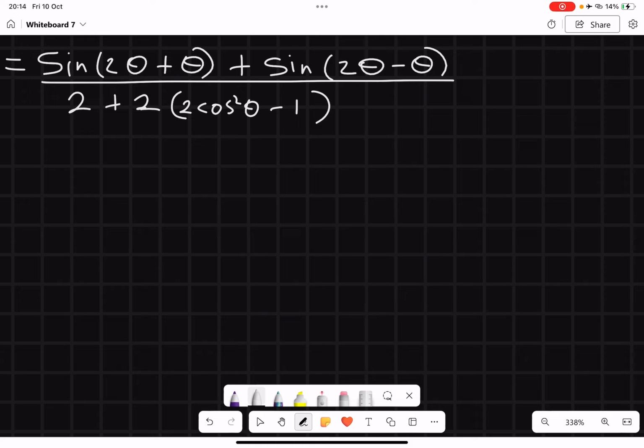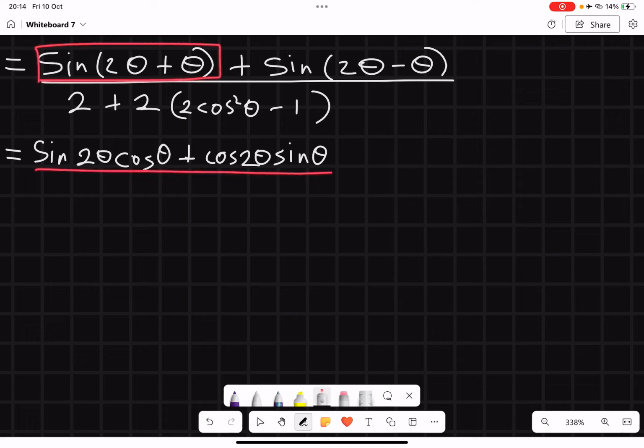And then let's keep on going. Now we can see that on top we have compound angle identities, sine A plus B and sine A minus B. So when I have sine 2 theta cos theta plus cos 2 theta sine theta, this is this one here, right?